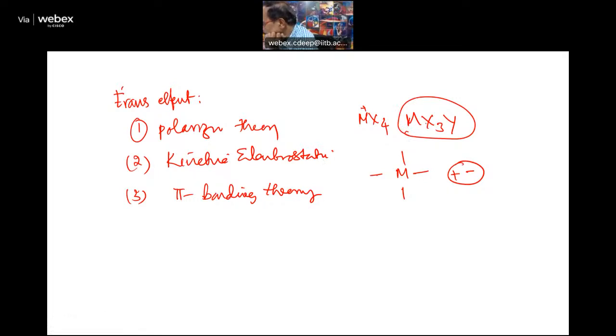The stronger one, X, is negative, so it will be towards the positive side.